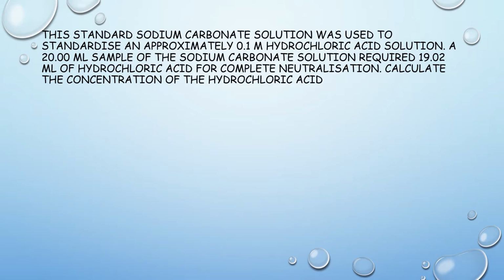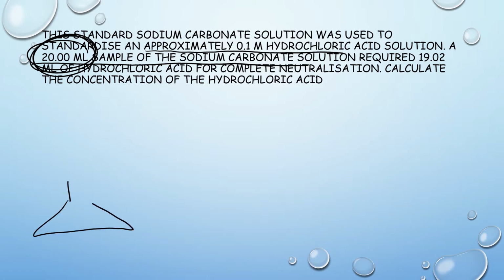The next step is to standardise hydrochloric acid. So we know our hydrochloric acid is approximately 0.1 molar, but we don't know exactly. So what we're going to do is take a 20 ml sample of sodium carbonate. Now, because it's an exact volume, that exact volume goes into the conical flask.